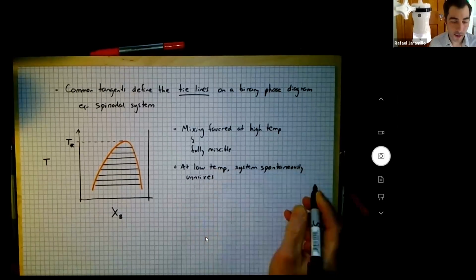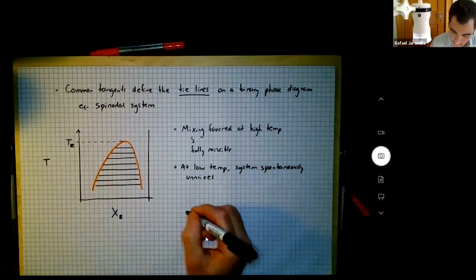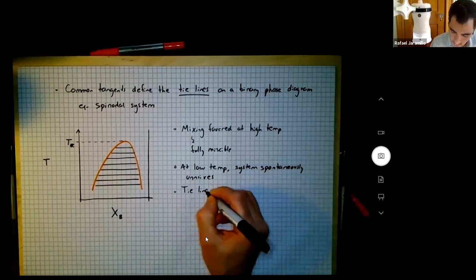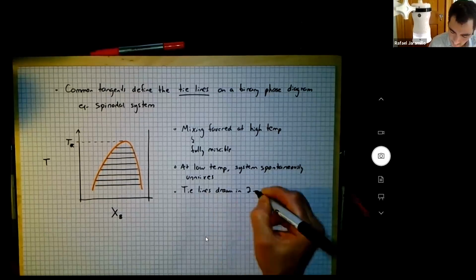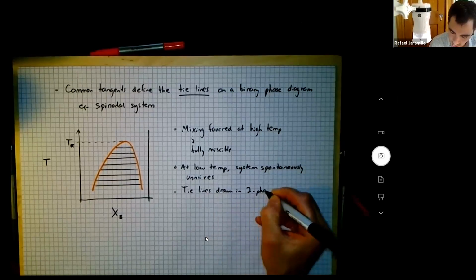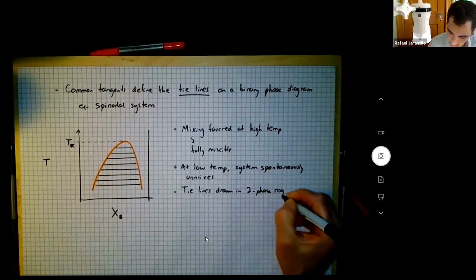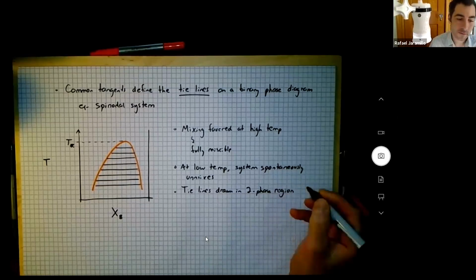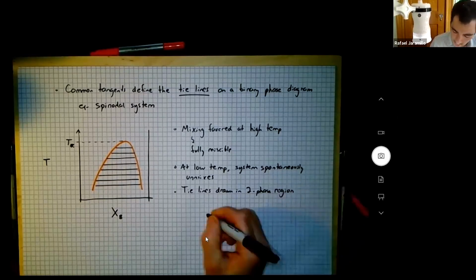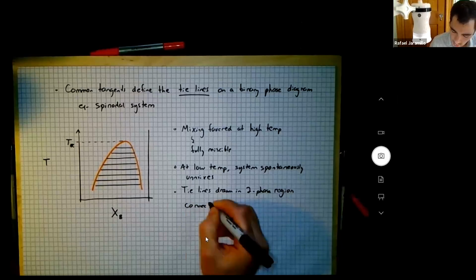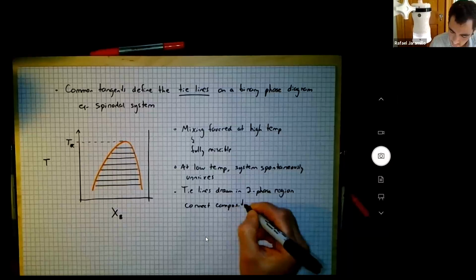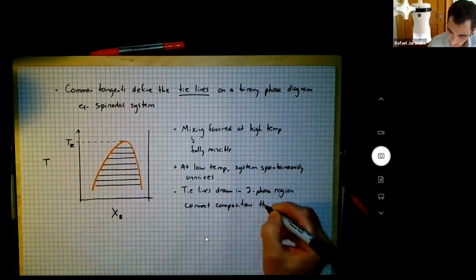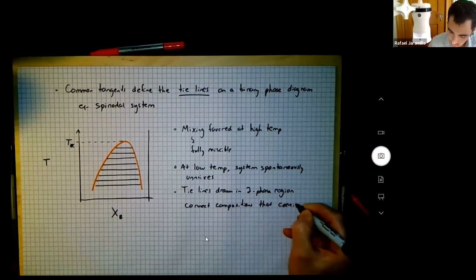And the tie lines that are drawn in the two-phase region connect compositions that coexist at equilibrium.